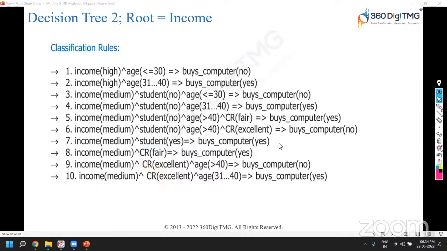Which one do you think will be better? 11 options means you need more time to come up with the final decision. So when a new employee is joining, or you're considering another new employee to assess, to conclude whether this new employee is going to stay or resign, we are going to verify 11 different rules or 10 different rules. Which option is better?